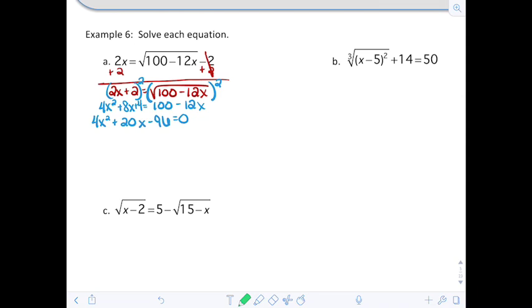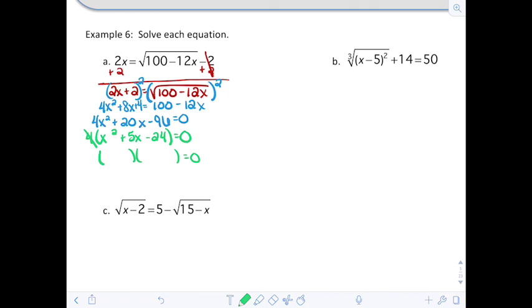Okay, so now we're just solving a quadratic. I do have a greatest common factor of 4, so I'm going to take that out. I'm left with x squared plus 5x minus 24 equals 0. Now I can factor this, x squared plus 5x minus 24.